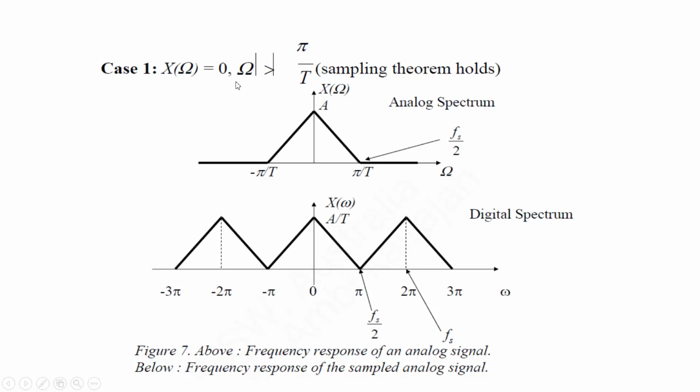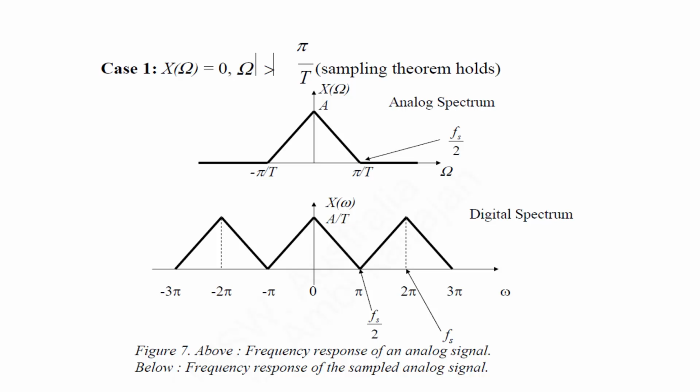You can calculate this. You can use the formula capital omega is 2 pi Fa, where Fs is the sampling frequency. Now, what I mean to say basically here is that we have the analog signal and we have to convert it into digital form.